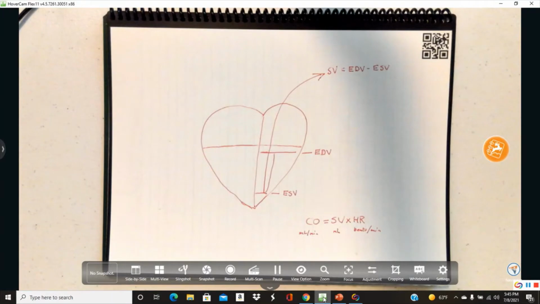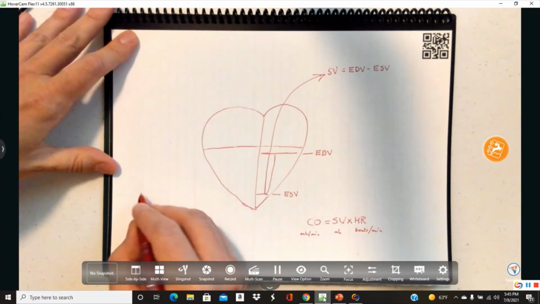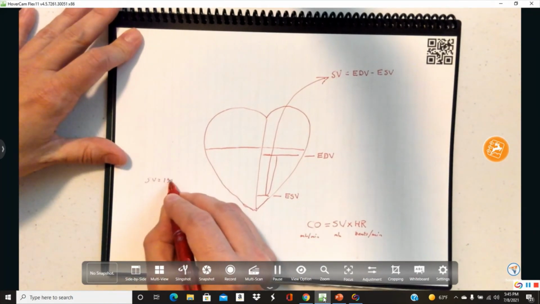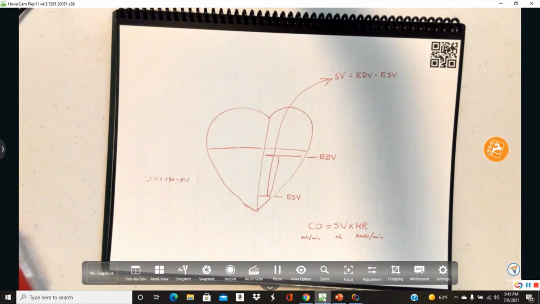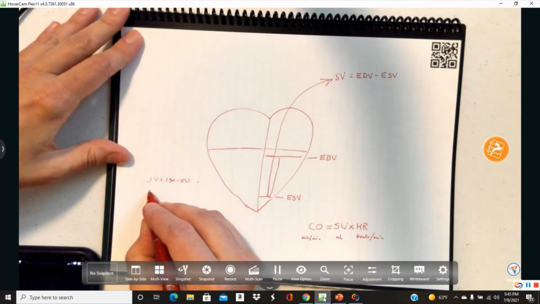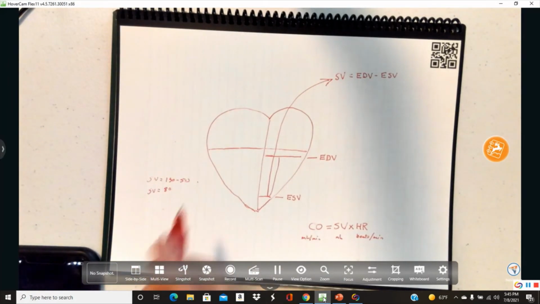Okay. So let's say I have stroke volume. I'll write it right here. Stroke volume is equal to 130 minus 50. Remember here, 130 minus 50 is 80 milliliters. So stroke volume equals 80. Now let's try something here.